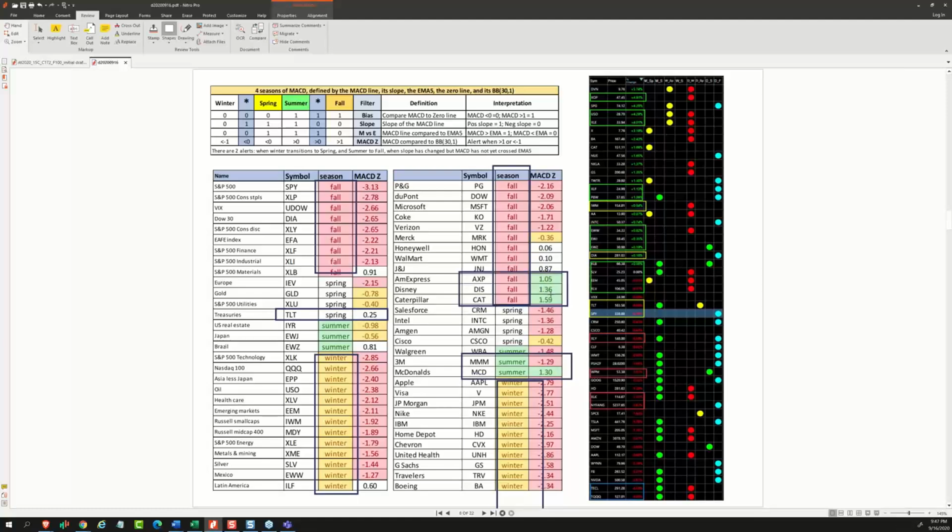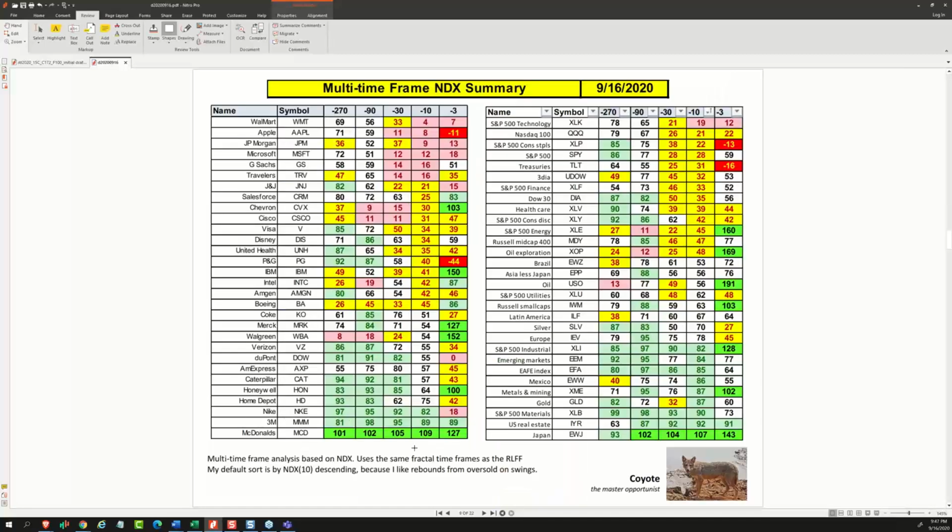AXP, Disney, and CAT because of the strong MACD Z-score. McDonald's crushing it. Honeywell in tech land, stealth. Merck and Walgreens. IBM with the big bounce. And then Apple suffering with the breakdown. Procter & Gamble suffering with the breakdown. Those are probably overreactions.